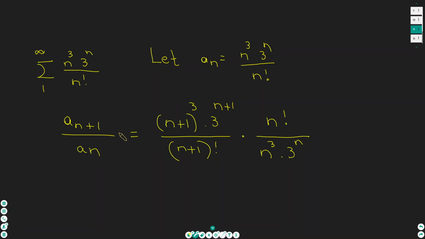Dividing two consecutive nth terms of the above sequence, we have this expression. We multiply by the reciprocal of the sequence above. We need to simplify this fraction in the simplest form and do the test, the ratio test.